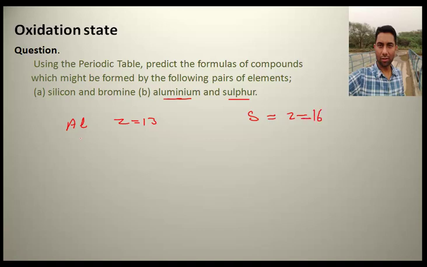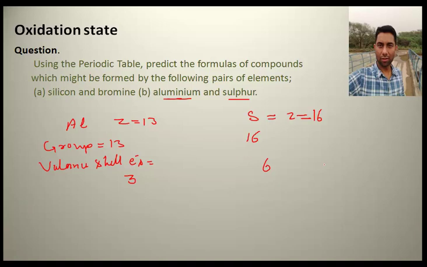Now you can relate or remember their periods or groups. Aluminium belongs to group 13, whereas sulfur belongs to group 16. Valence shell electrons will be 3 in aluminium and 6 in sulfur.